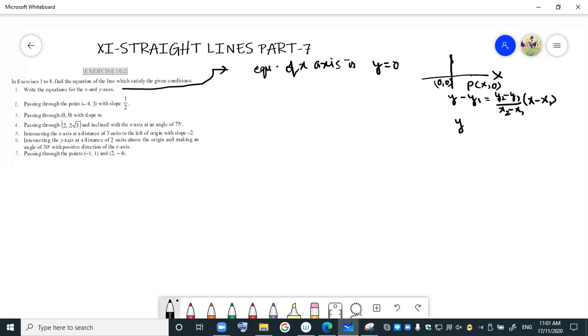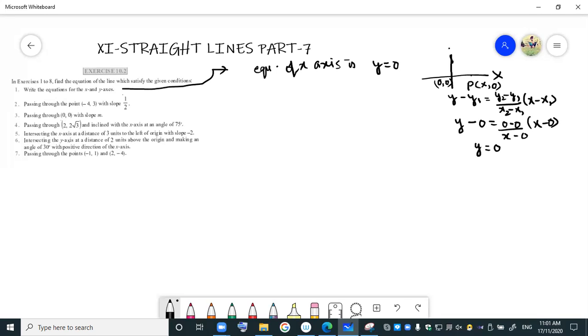So y minus 0 equals (0 minus 0) upon (x minus 0) times (x minus 0). When 0 is multiplied, the right hand side becomes 0, so y is equal to 0.